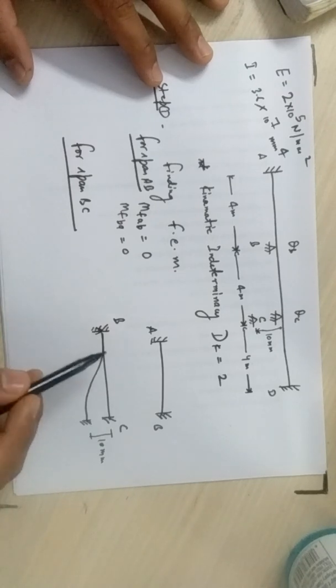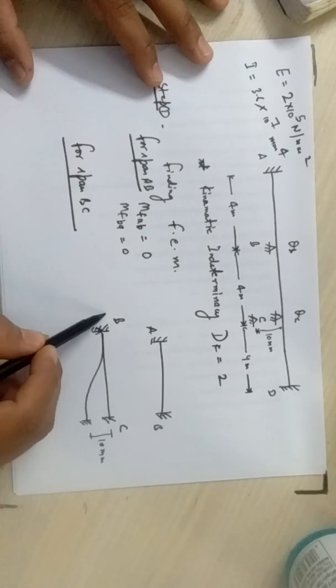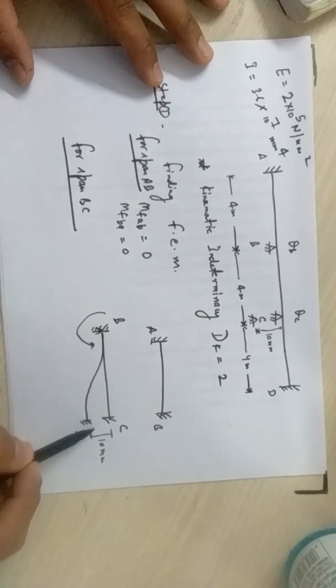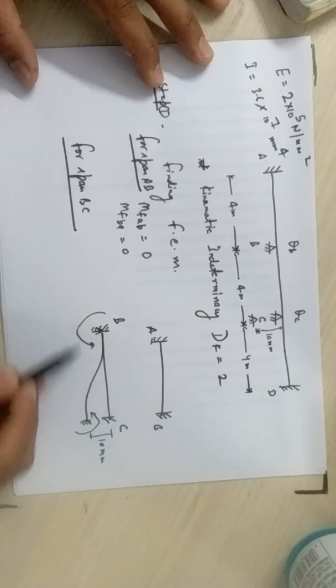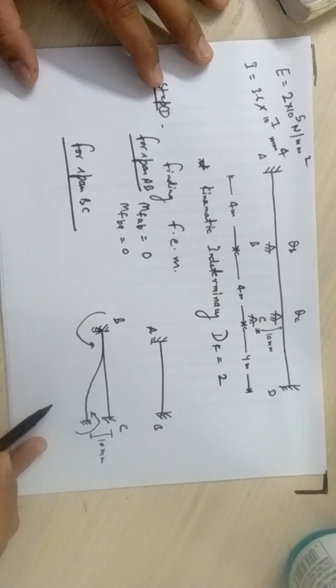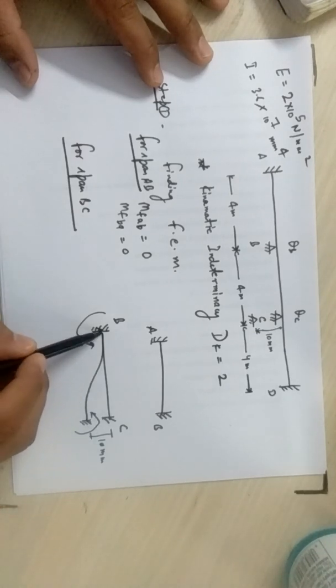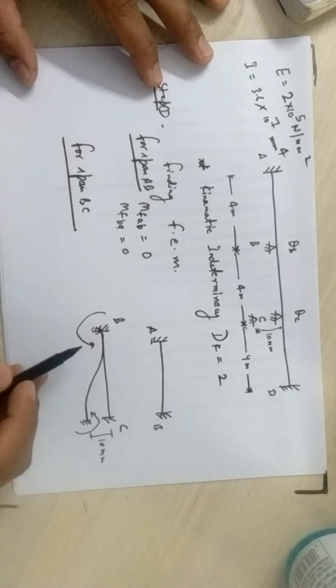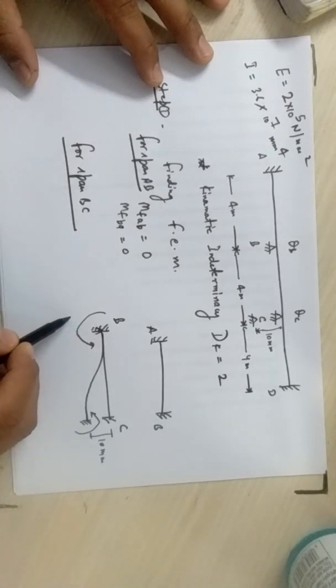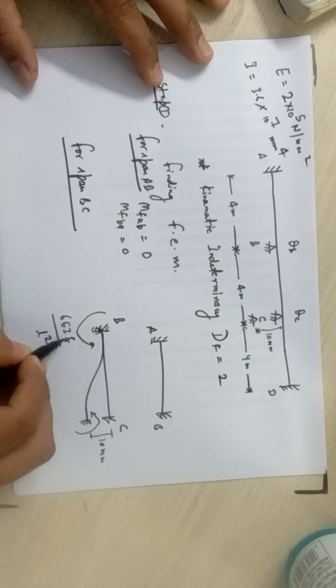Due to this sinking of support, what happens? Two moments will develop like this, which will try to make the slope at both the ends 0, and the magnitude of these two moments will be 6 EI delta upon L square.